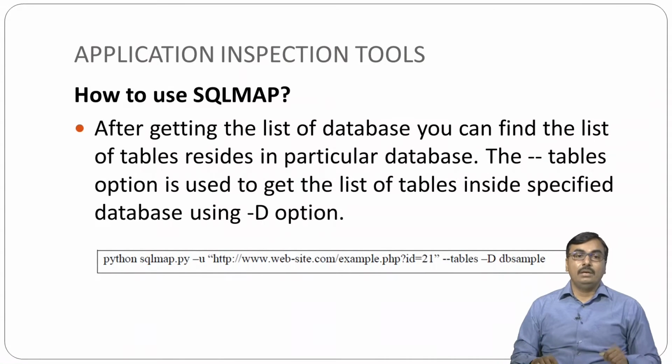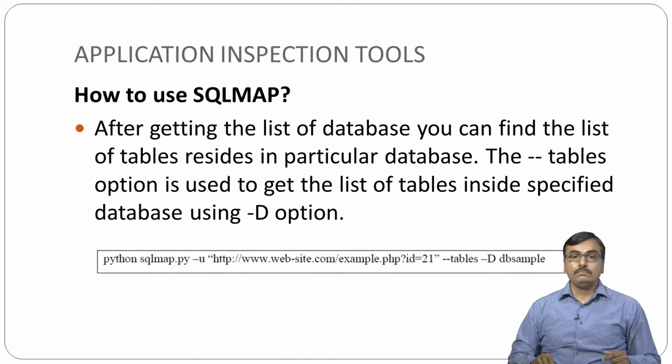In this highlighted command, python sqlmap.py -u, then the vulnerable URL, then the parameter --tables, then the -D option for a specified database, whichever was found by the previous command.